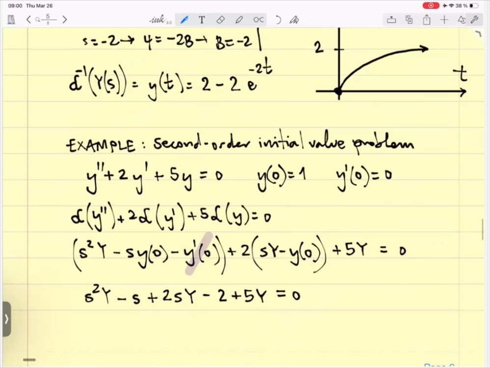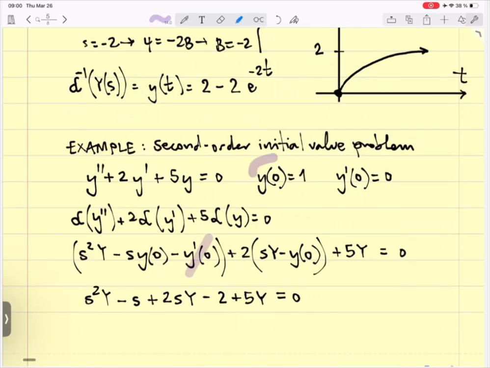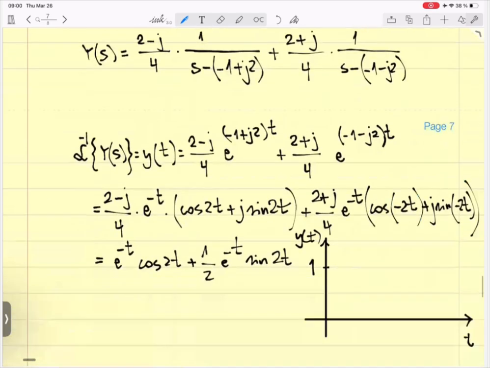Remember the initial condition was that this is 1 in the beginning. And then it's a negative exponential, and in the end, when t is very big, the whole thing goes to 0.